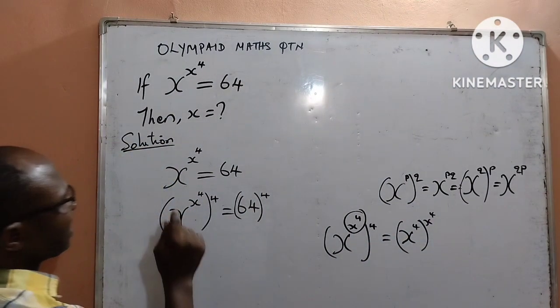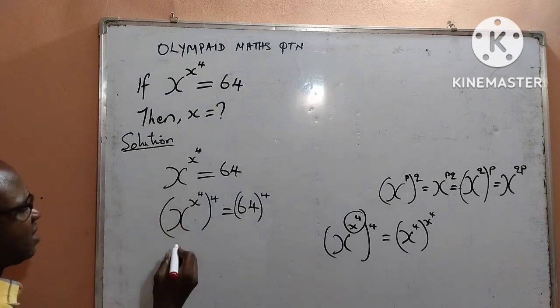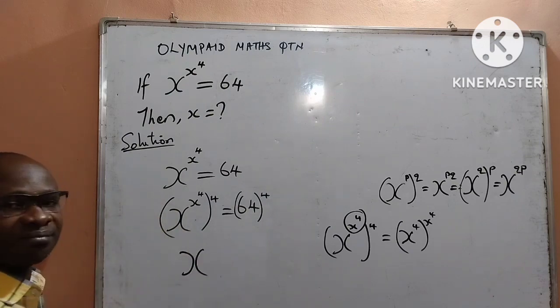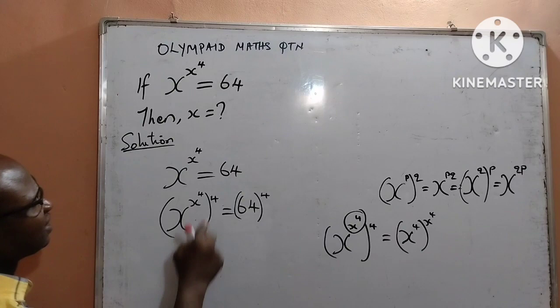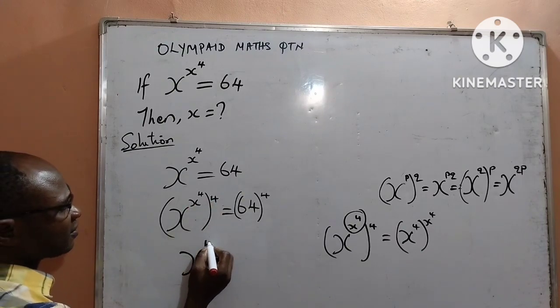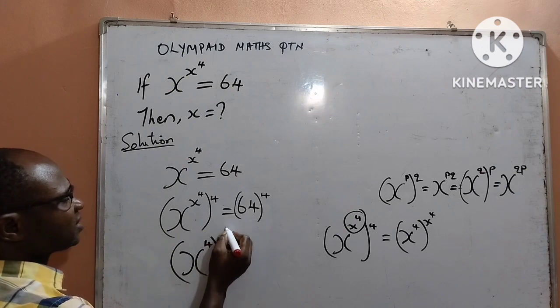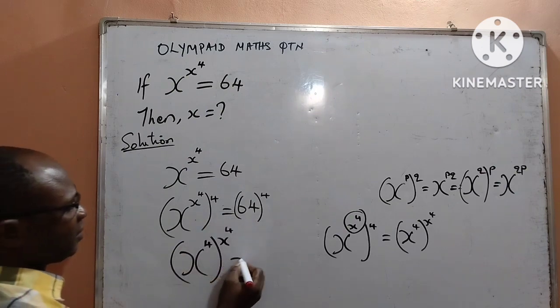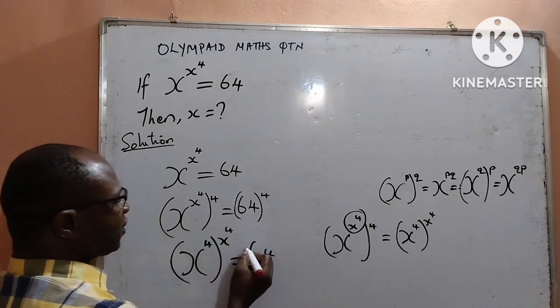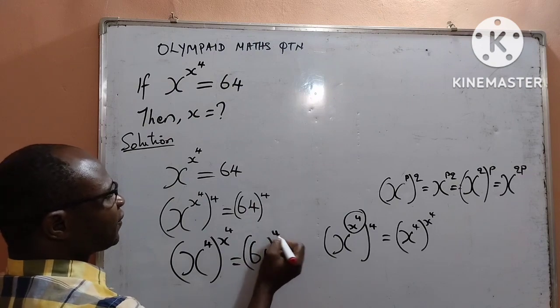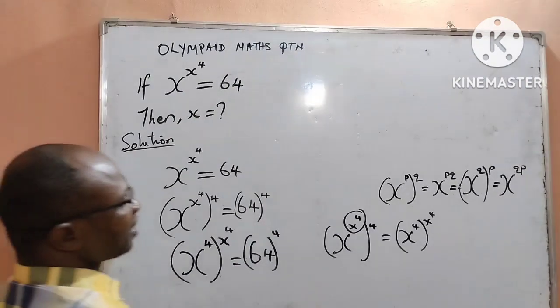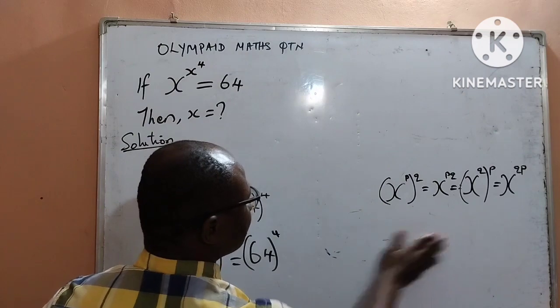So by that, I can now write here, hope we are understanding it, x to the power of 4, all to the power of x to the power of 4, equal to 64 to the power of 4. Beautiful. Very beautiful.